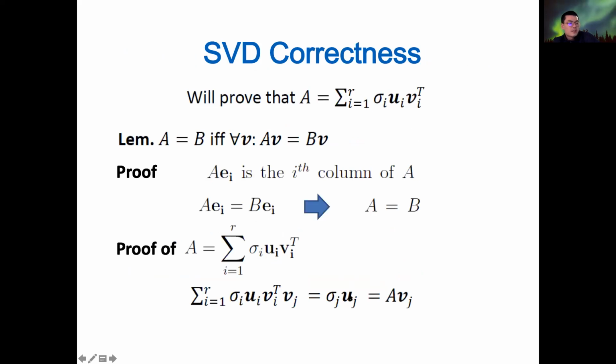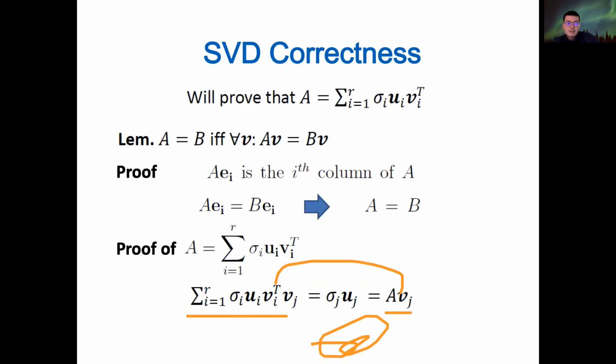So ui is defined as A vi divided by sigma i, and uj is defined by A vj divided by sigma j. Of course, times sigma j is A vj. So now we have this conclusion that we will carry over to the next page. We'll do this a lot of times in this slide because there's no more space to write. But keep in mind this conclusion, and we will continue on the next slide.